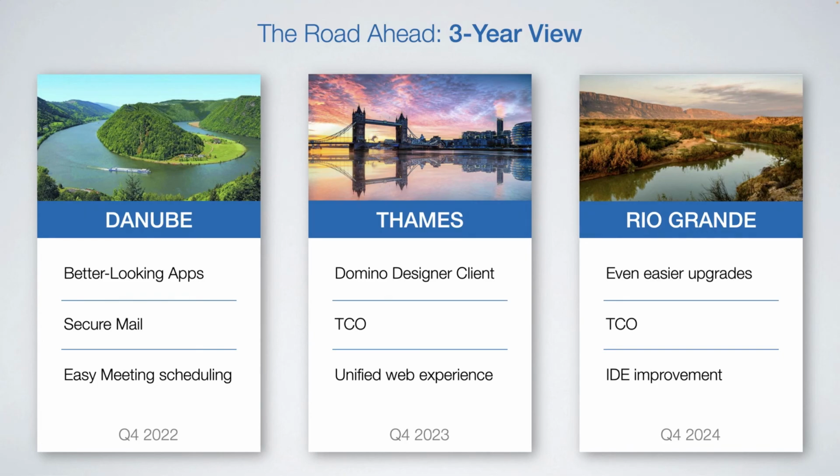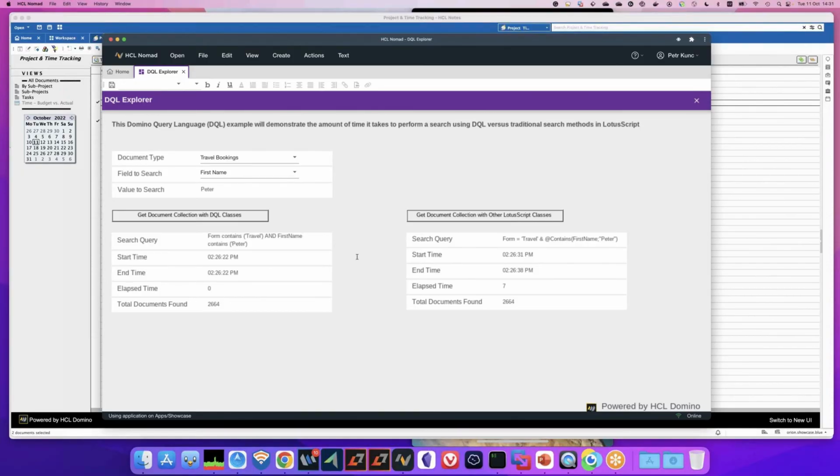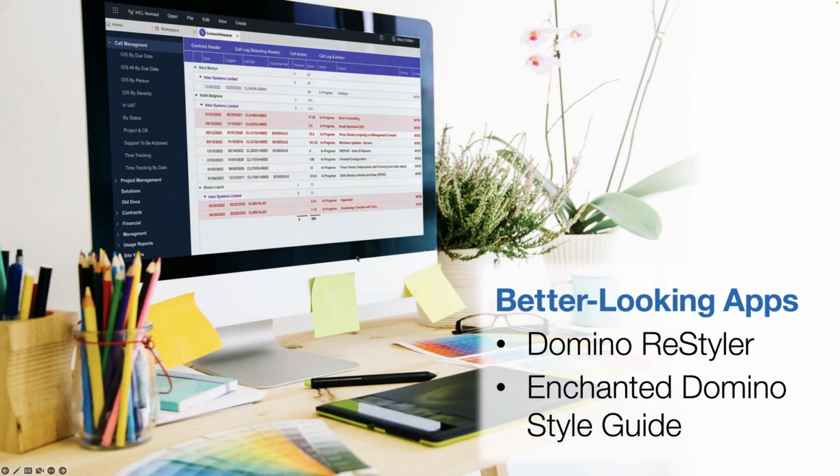If you want to play with it, the latest Danube beta is available for download on FlexNet, along with some previews of what we plan to add to these future releases.